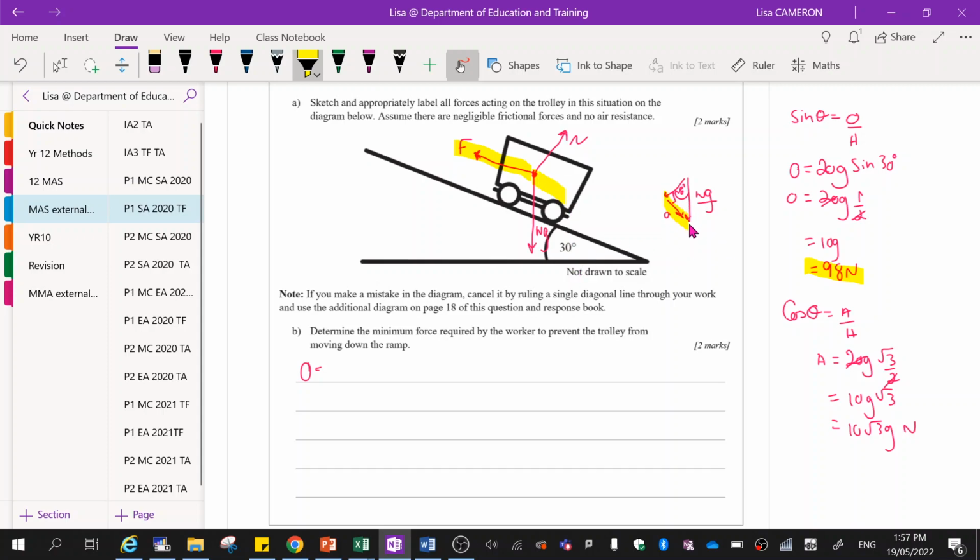So 0 is equal to the force, and we're taking this as our positive direction, minus 98 newtons, which means that the force is equal to 98 newtons. I'm guessing the working that they probably wanted to see in this section is what I did over here.